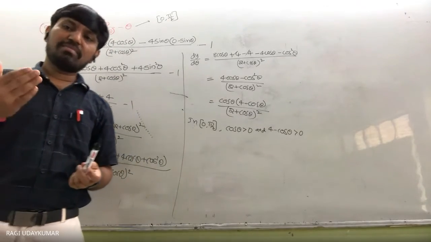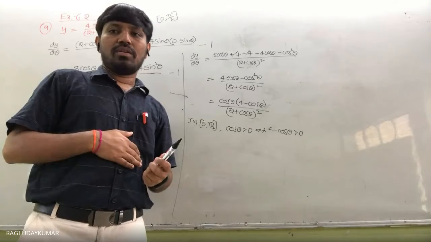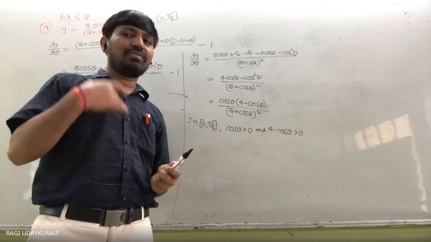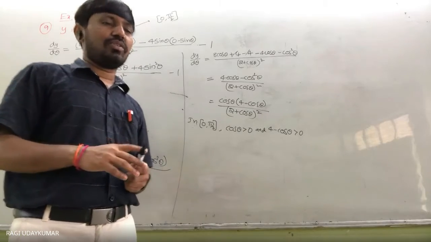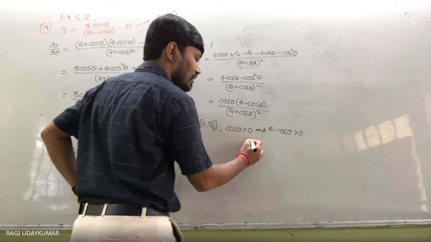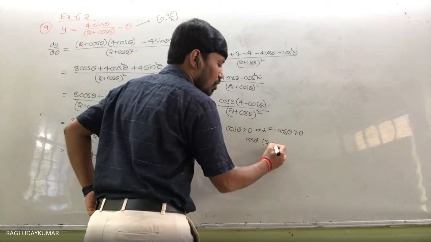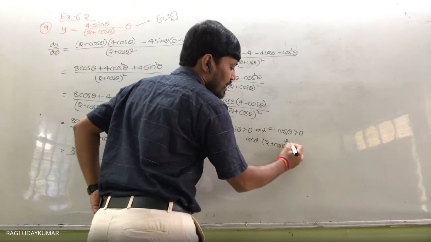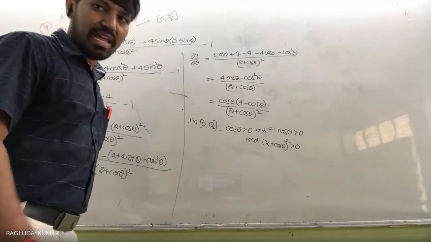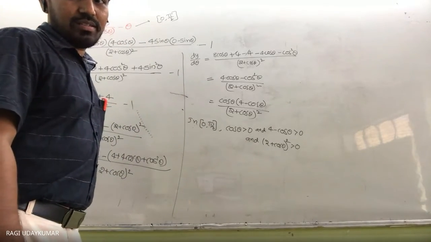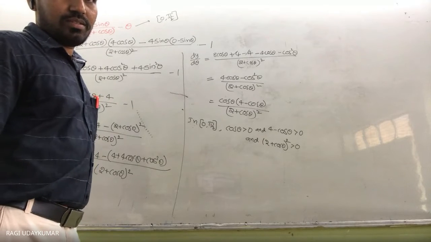Because cos theta maximum value is 1. So 4 minus 1 is always greater than 0. So 4 minus cos theta is greater than 0. And (2 plus cos theta) whole square, because whole square is there na, so always it is also positive, non-negative होगा, तो greater than 0 होगा, isn't it?